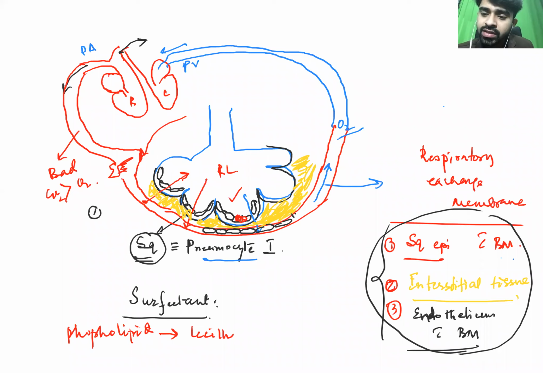If your teacher is even worse, then what will be the answer after lecithin? What is the detailed answer for lecithin? Then you have to say, sir, this is something called DPPC. What is DPPC? DPPC is dipalmitoyl phosphatidyl choline.